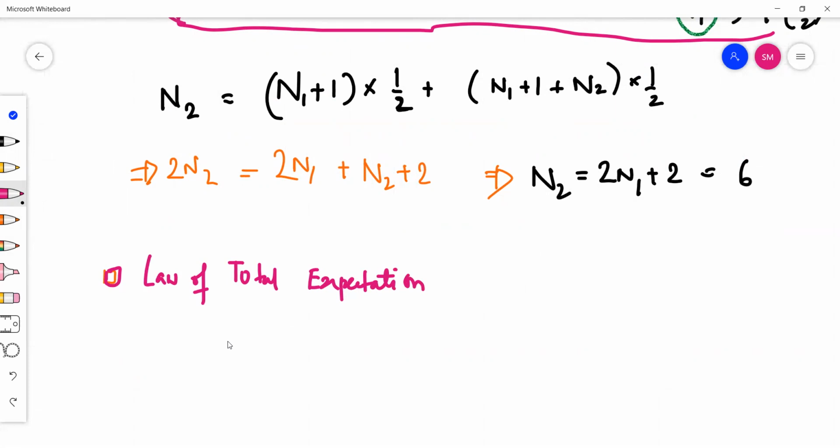Blitzstein is a professor at Harvard, so you can read this book, or you can read Sheldon Ross' First Course in Probability. Both books are good. There is a conditional expectation chapter. Go through it, you will find it exciting. You need to understand conditional probability first and then conditional expectation. Okay, lovely. So the mathematics behind it is called conditional expectation. I don't want to make it more theoretical. You will lose interest, so I am keeping it right here. If you're interested, you can see other videos of mine explaining that. If there is not, I will surely make a video.